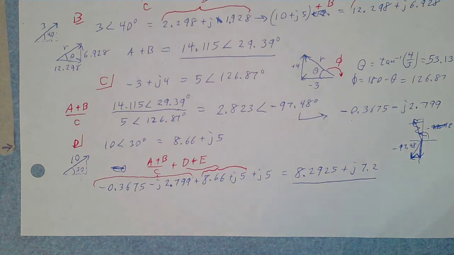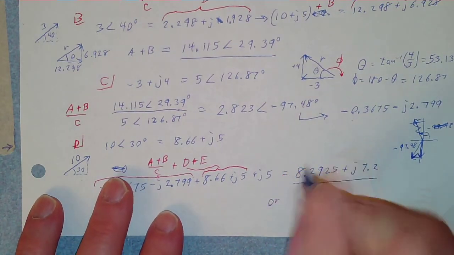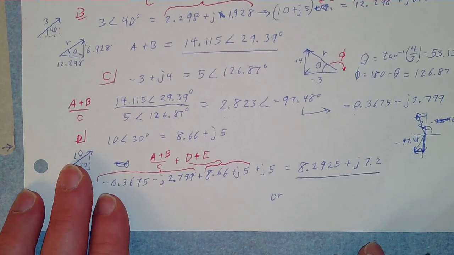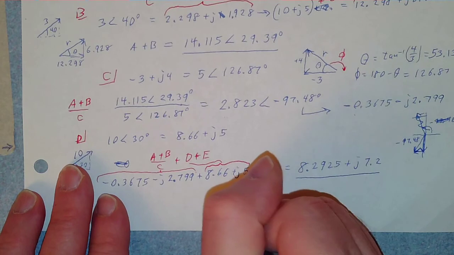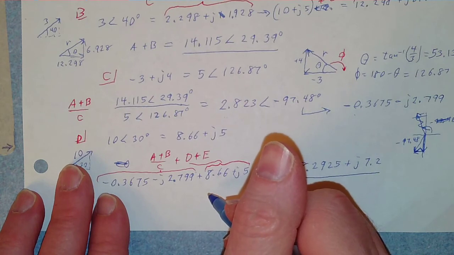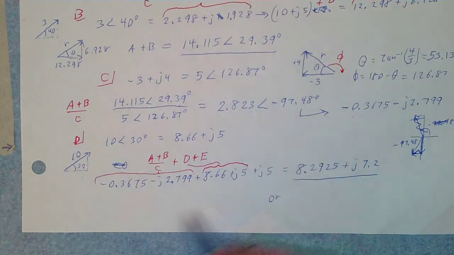Now you can also write this as an angle. We have 8.2925 in the x direction and a minus 7.2 in the j direction. Oh wait, is it a minus or a plus?